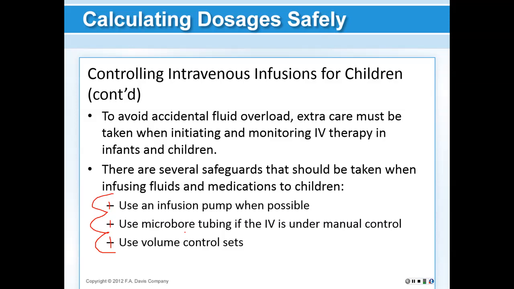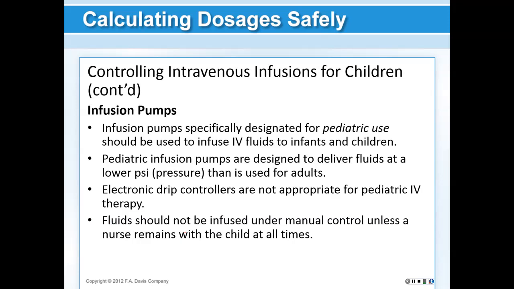This is important because it will also prevent that rapid infusion of fluid should the manual control be set improperly. And then a volume control set, most often in this area I've learned or seen used the Buritrol, and we're going to talk about that. It's just another little safety device.